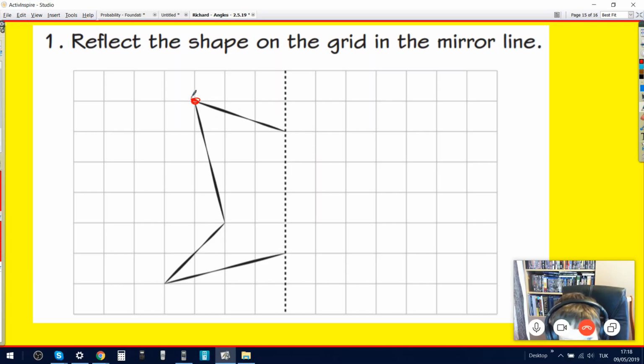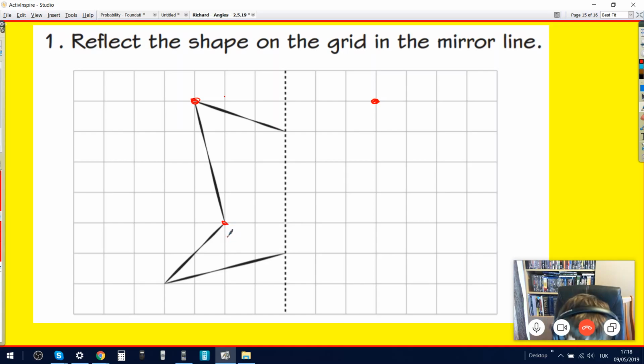So where will this point be after the reflection? It would be where it's the same distance from the mirror line, so 3 away on the right-hand side.